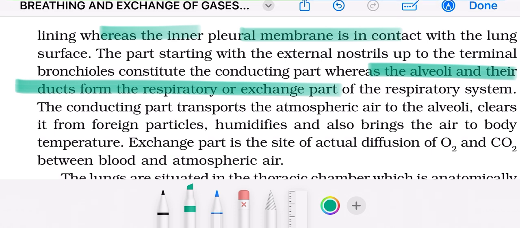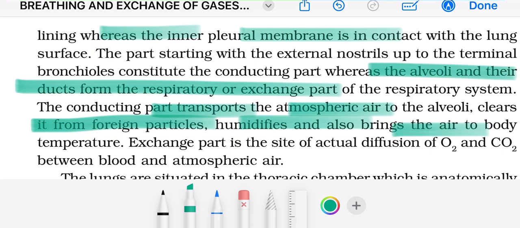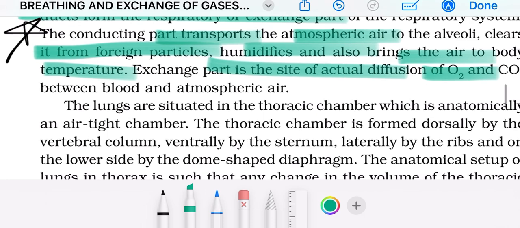The conducting part transports atmospheric air to the alveoli, clears it from foreign particles, humidifies it, and also brings the air to body temperature. The exchange part is the site of actual diffusion of oxygen and carbon dioxide between the blood and atmospheric air.